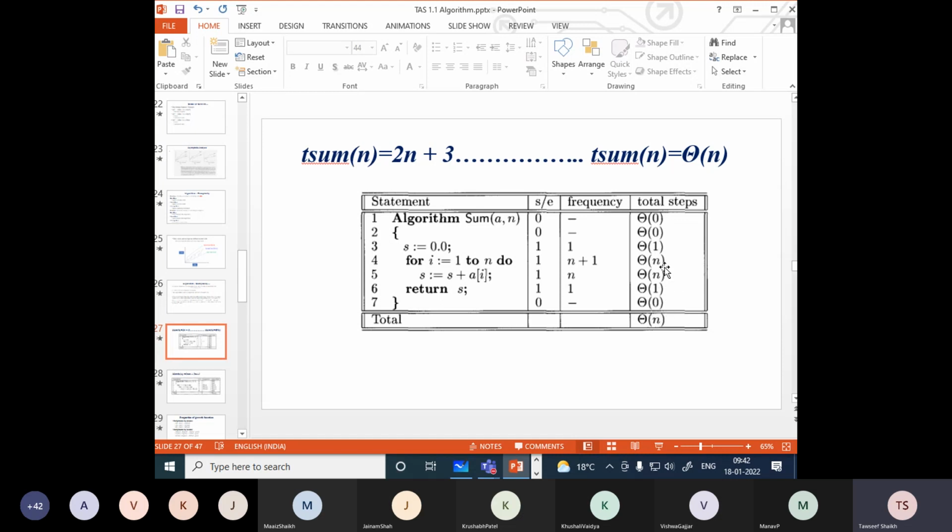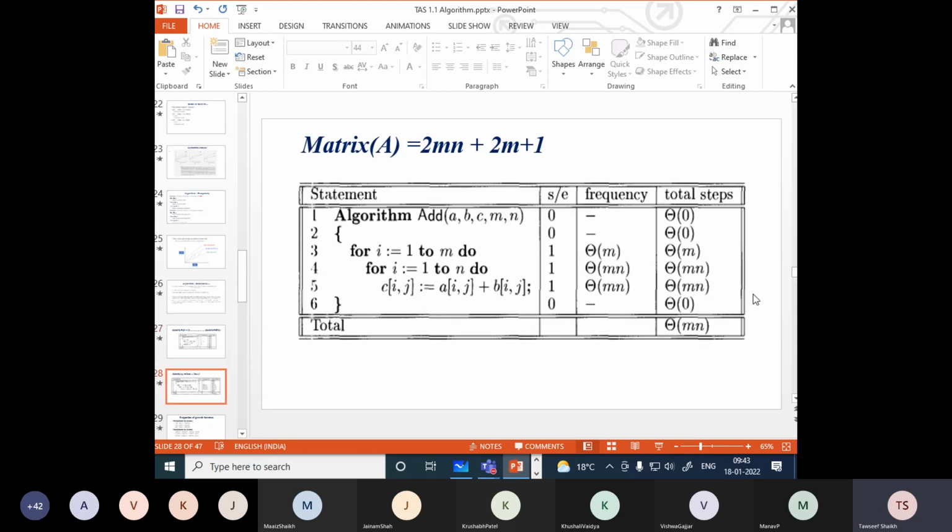When we add the total number of steps, it will be theta n plus theta n, because the 1s will also be eliminated. So theta n plus theta n will be 2 theta n, and 2 will also be eliminated. So constants and lower terms are always eliminated. We always say that the complexity of this algorithm will be theta of n, meaning its biggest growth will be in terms of n.